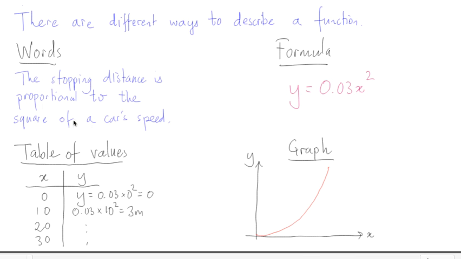And I could read off the values of y, for example, to find the stopping distance at 40 kilometers per hour, I would go up from my x-axis to the graph and then read off on the y-axis.